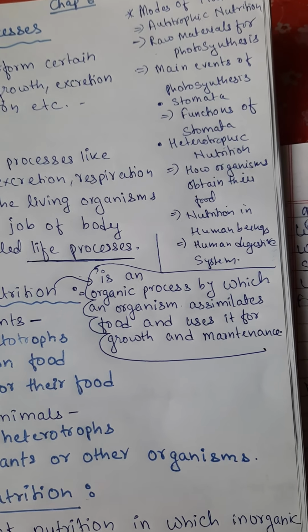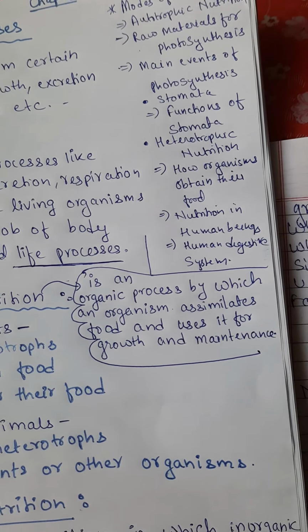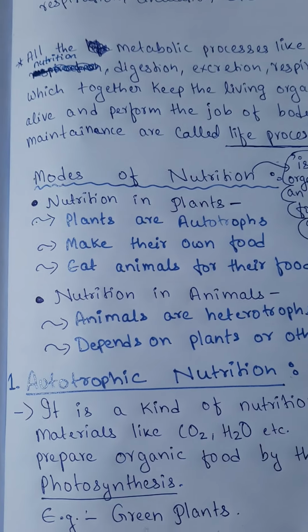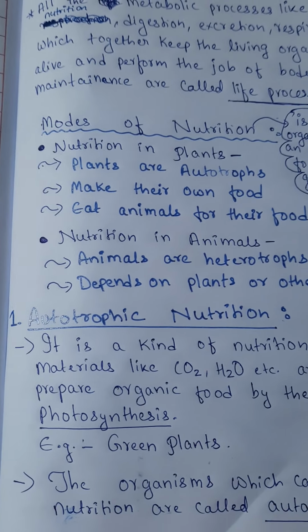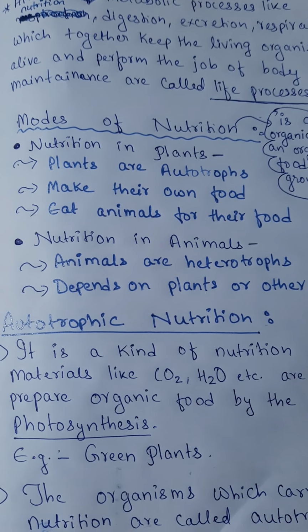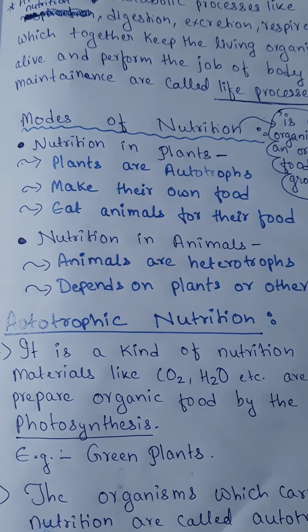And lastly, as a whole, we can say that nutrition is carried out by an organism to be alive. And there are two modes of nutrition. One is nutrition in plants and another one is nutrition in animals.